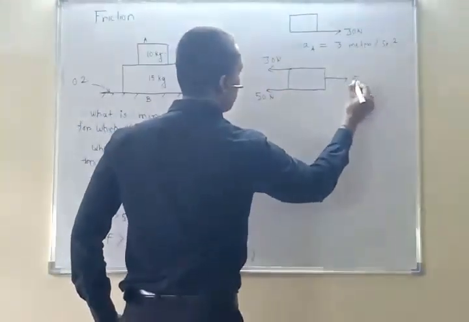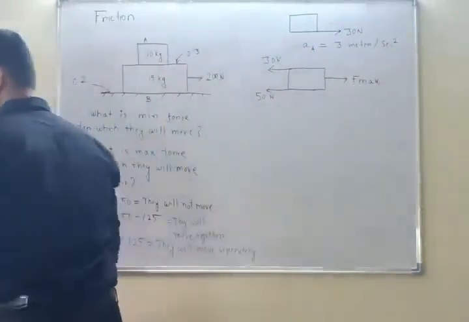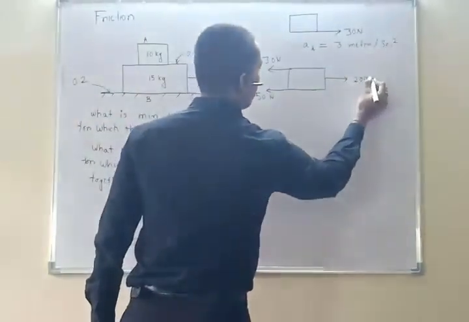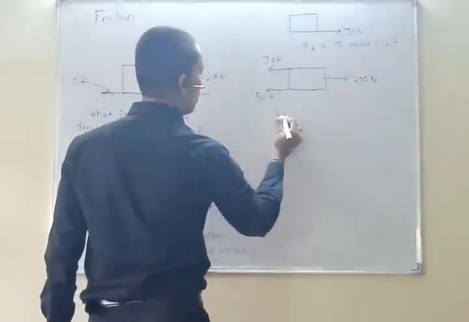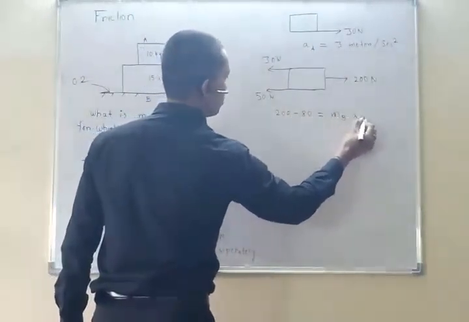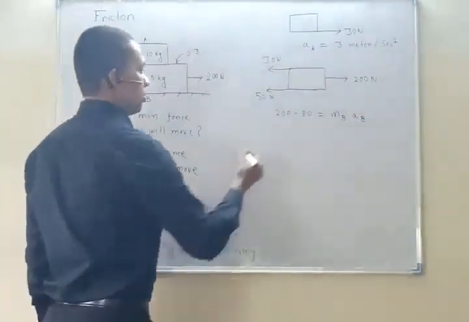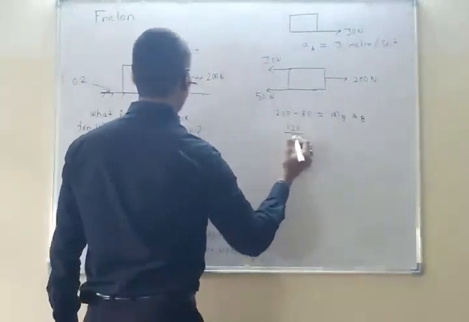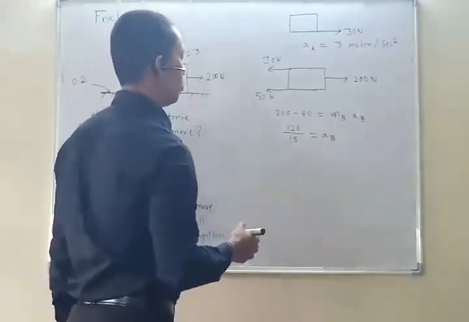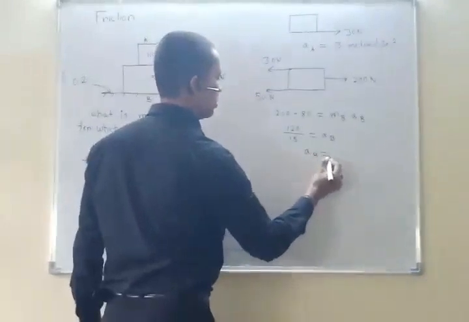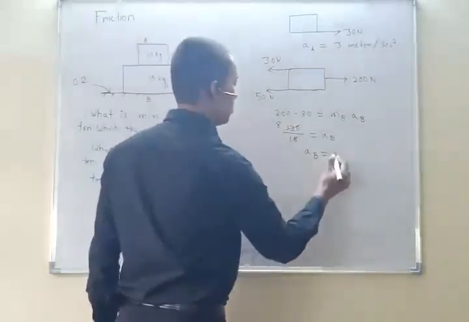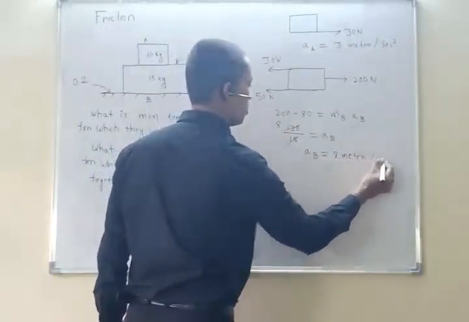This is 200 Newton. So we can say now 200 in this direction, 30 plus 50, 80 in this direction, should be equal to mass of B into acceleration of B. So 120 divided by mass of B, which is 15, is equal to A of B. So 120 divided by 15, that is A of B is equal to 8 meter per second square.